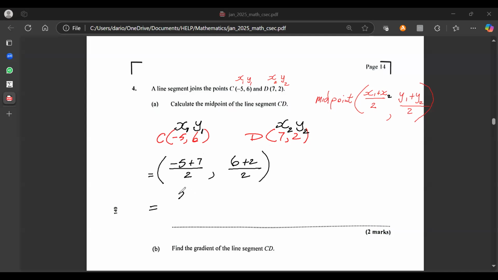So that's 2. It's positive 2 because the bigger number 7 has a positive sign. So that's 2 on 2. That's how we get 1. 8 on 2 is 4. So my answer for the midpoint of the line is 1 on the X, 4 on the Y.